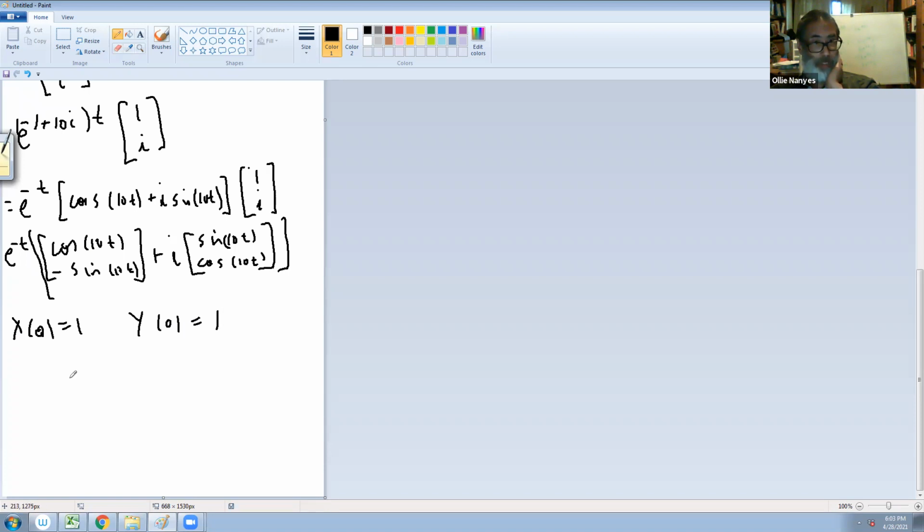Now, suppose we'd like to solve for x of 0 equals 1 and y of 0. That's a nice easy one. And keeping in mind that we're looking at the real parts and the complex parts. And e to the 0 is just a 1.